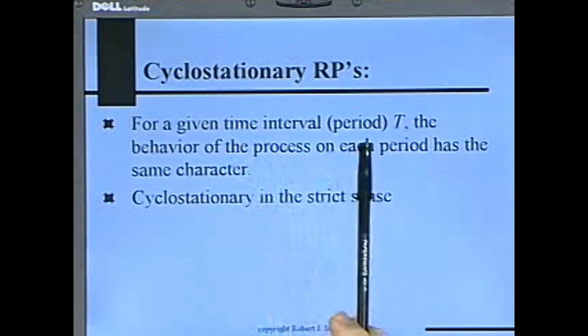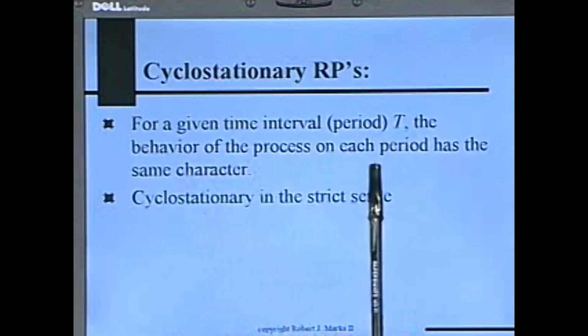So for a given time interval, period T, each period of the process has the same character. Remember we said for stationary that the process had the same character independent of the shift? Well, here we're saying it has the same period, but it isn't independent of the shift. The shift has to be in integer multiples of this period, and then it has the same character.